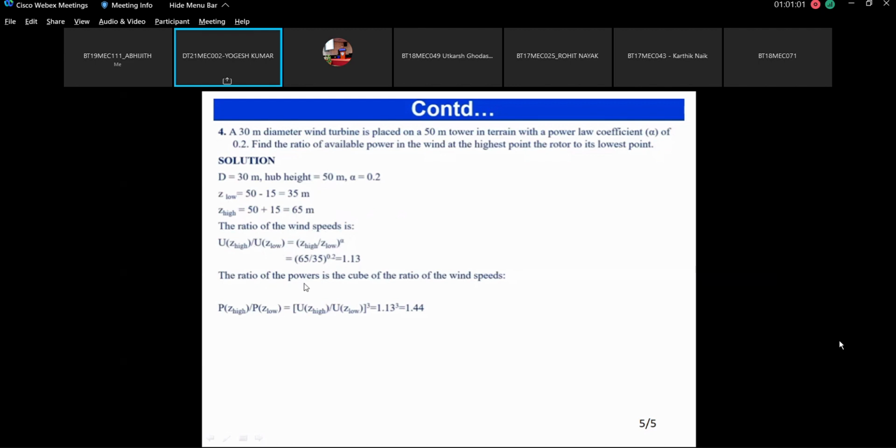And we know the power available in the wind is equal to half rho A U cube, which depends on the cube of the velocity. So Pz high divided by Pz low equal to Uz high divided by Uz low to the power 3. We use 1.13 as Uz high divided by Uz low and we get the power ratio equal to 1.44.